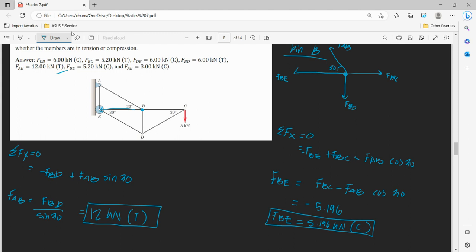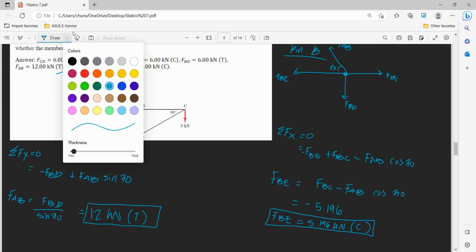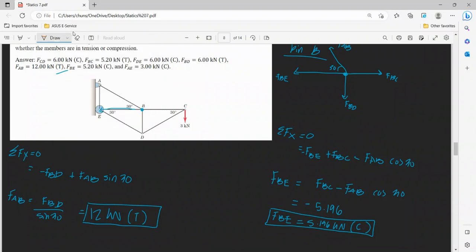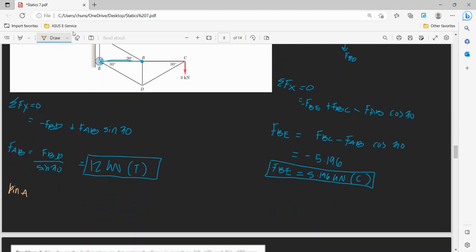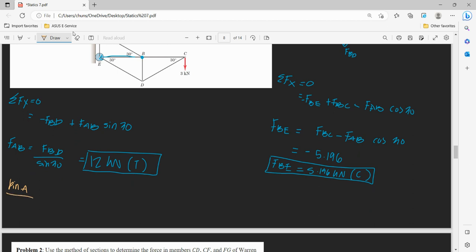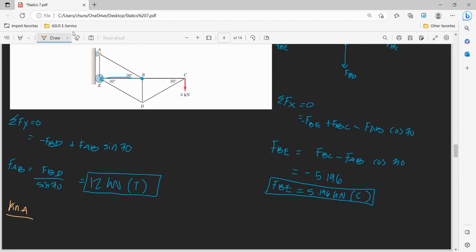Okay, and our last one is from A to E. So I will use, it's orange right here, so pin A. Okay, and this is our last one. And since this is downward force, I'm only going to use the Fy equation.